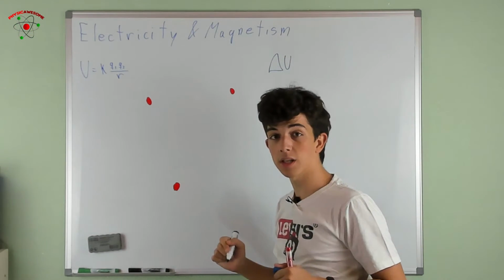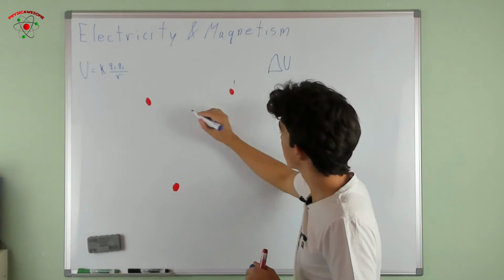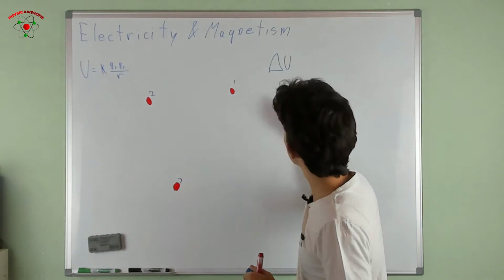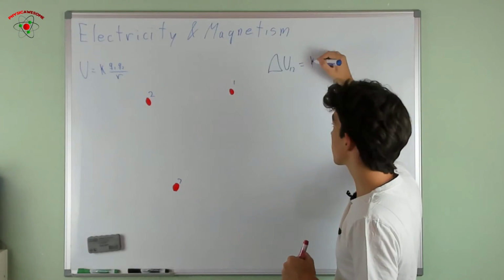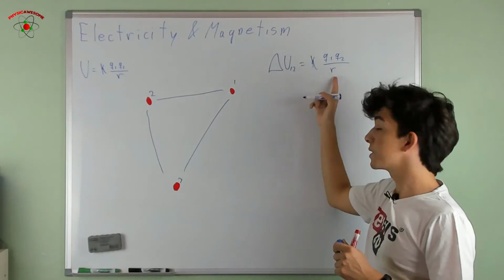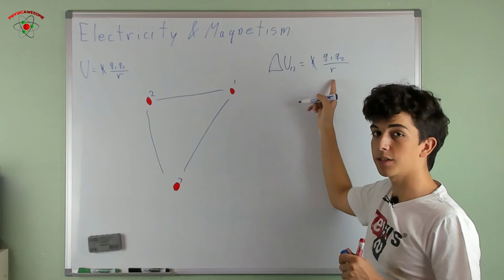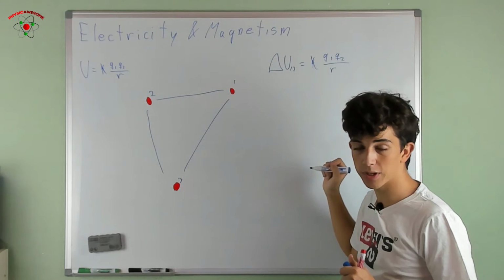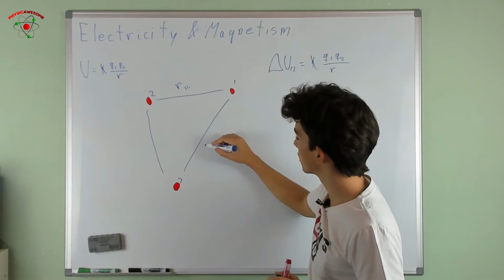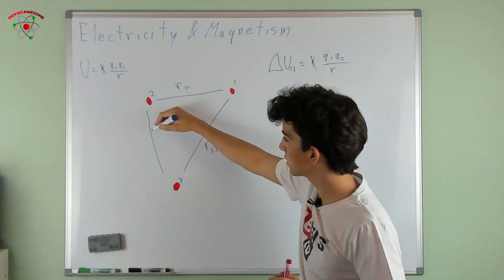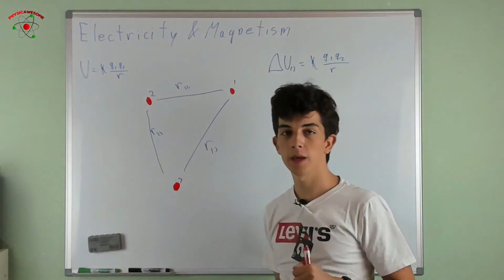The change in potential energy that happens with charges 1 and 2 is going to be equal to, we need to specify the distance in this case so that we have a complete expression, and we will say this is R12, this is R13, and this is R23.